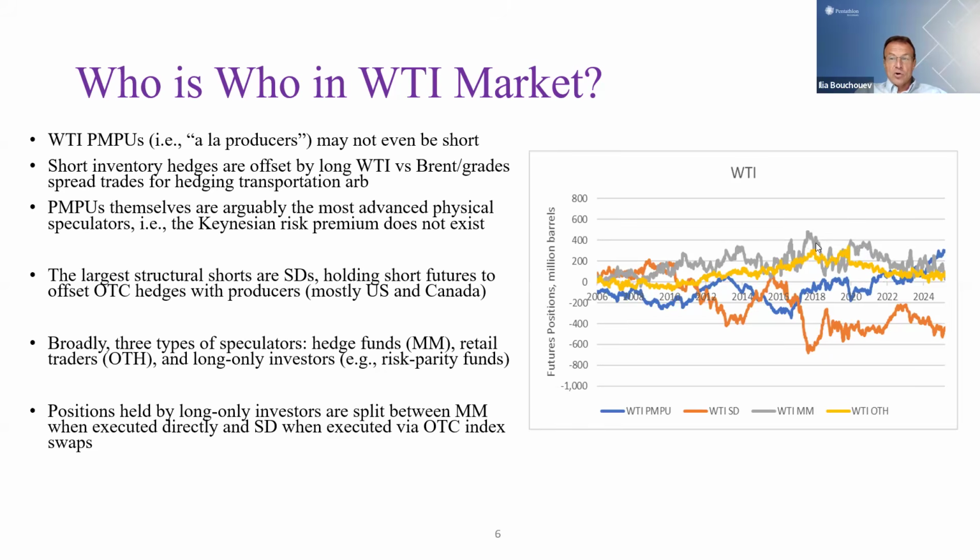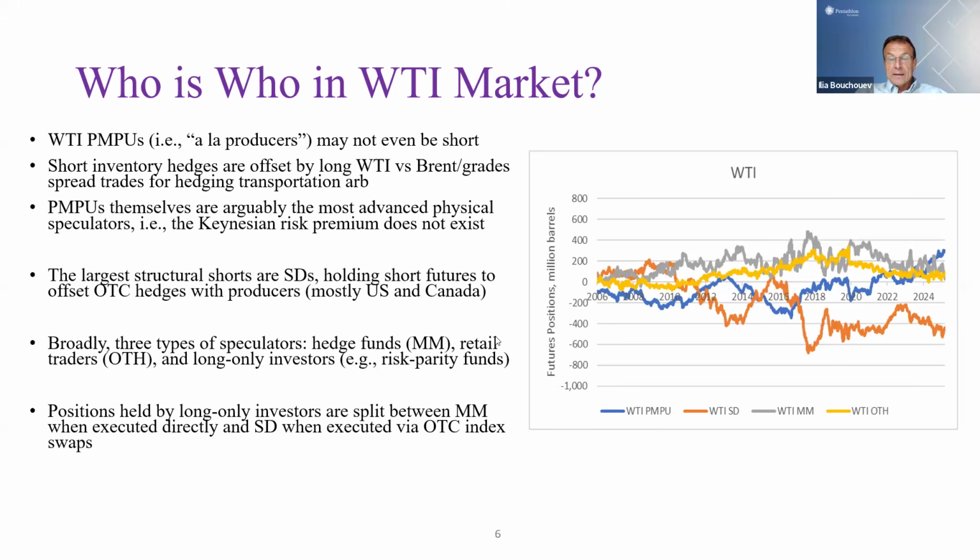A lot of WTI cargoes are now going to Europe, so the two markets became much more integrated. And a significant hedging flow is now hedging this arb, whether it's the WTI-Brent arb, or the arb between WTI at Cushing versus the Gulf Coast, or even in Canada versus WCS. In that arb, people have long WTI positions against shorts being held elsewhere.